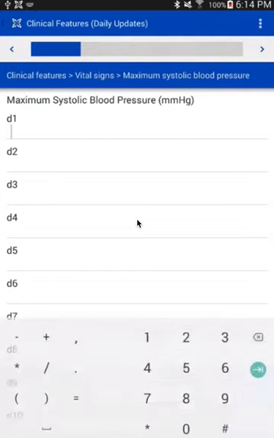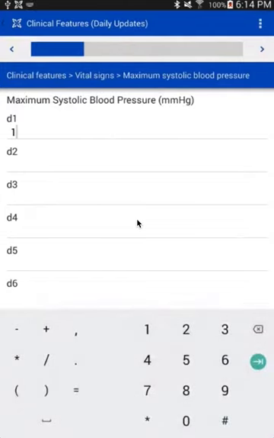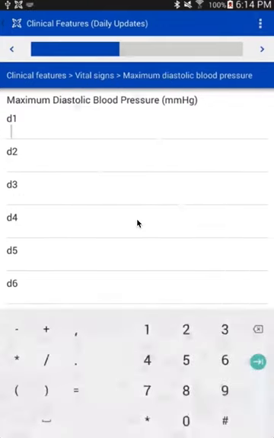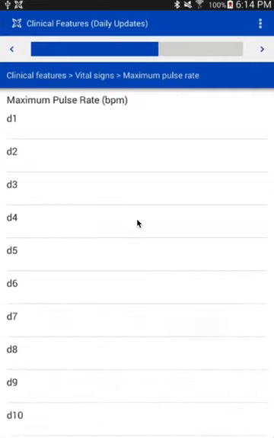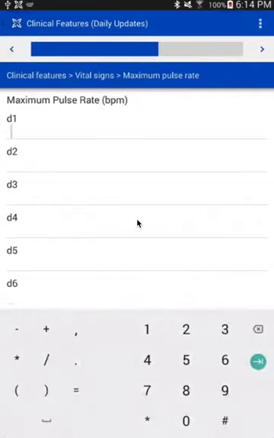Maximum systolic blood pressure, 120, 110, 110. And then diastolic blood pressure, 80, 90, 90. Maximum pulse rate, 80, 85, 80.